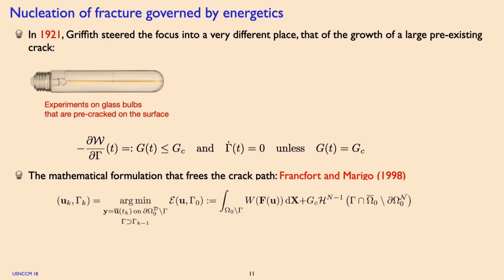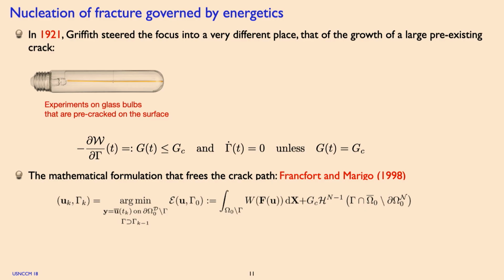Okay? And what he developed that explains his observations, right, is this idea of a competition of energies. Right? The crack grows when there's enough energy available through the decrease in the strain energy or the total potential energy, if you include the body forces, the tractions, okay, that is equal to a material parameter of the fracture toughness. Okay?